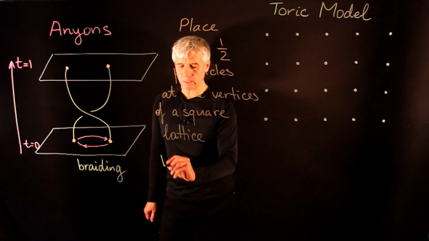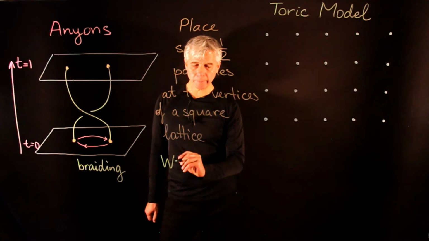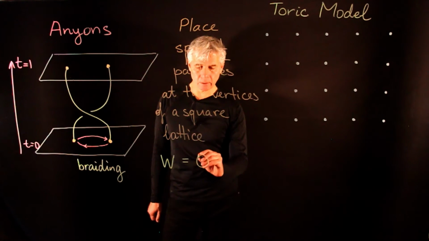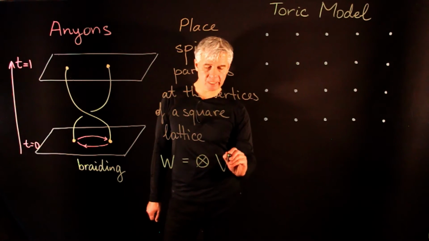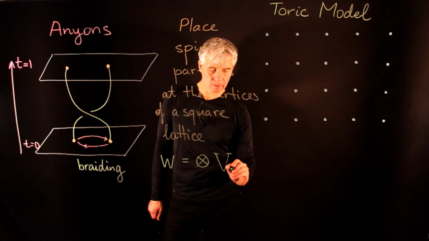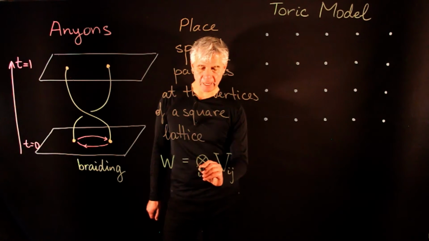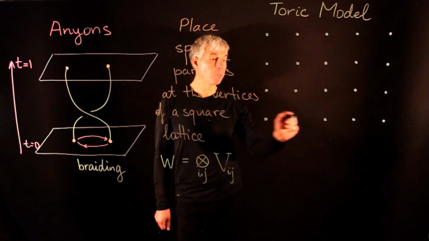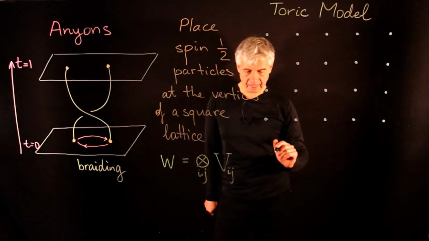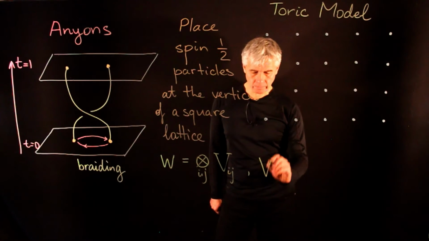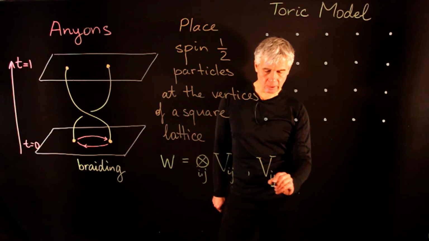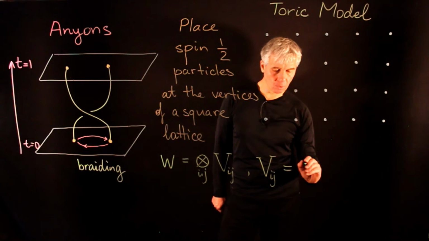The space of states for this model will be a tensor product of spaces Vij, where ij are the points on the square lattice, and each Vij is just a two-dimensional complex space.